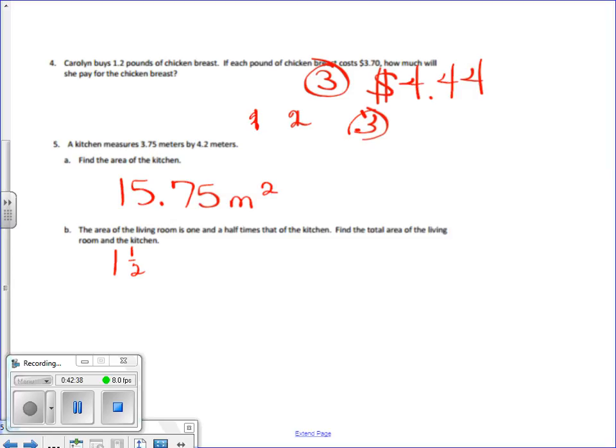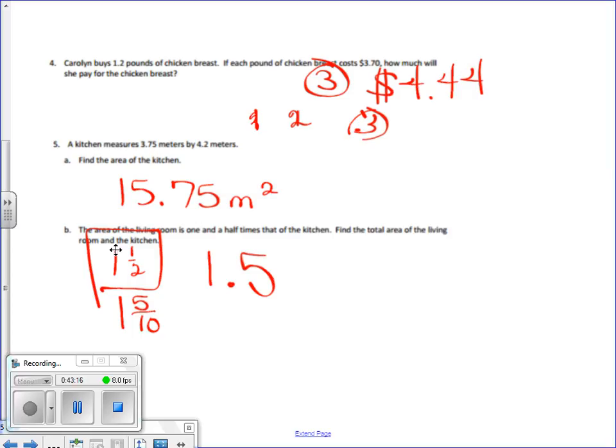So this needs to be a decimal. So 1 1/2. What can this look like as a decimal? 1.5, because you do powers of 10. 5 is half of 10.